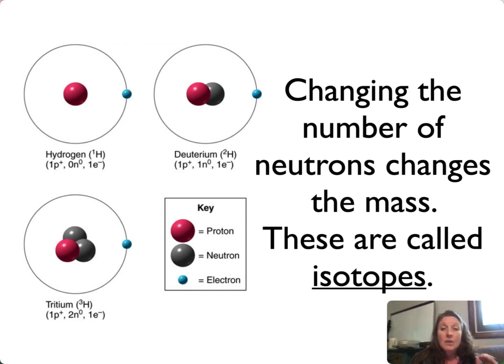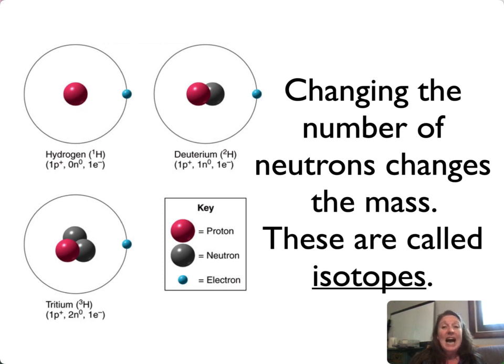Now, when we calculate the atomic mass of any element, we are taking the average mass of all of the atoms of that element in the universe. And what we see is that most of the hydrogen exists in this form. So the number on the periodic table is closest to 1, the atomic mass of this isotope.